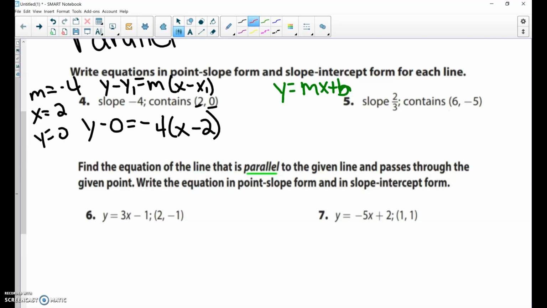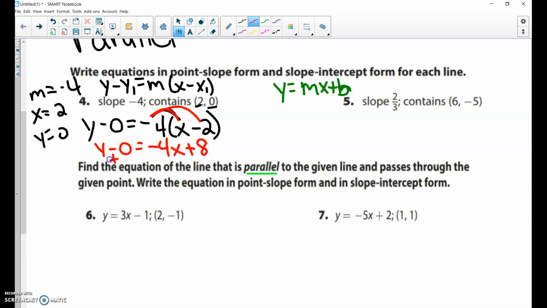And then remember, to get to slope intercept form, we need 2 steps. So step 1 is to distribute. Let's do that with the red pen here. So I get y minus 0 equals negative 4x. Then negative 4 times a negative 2 is a positive 8.